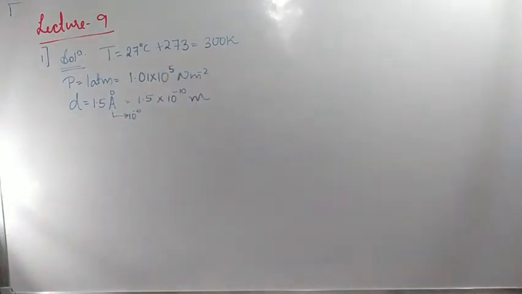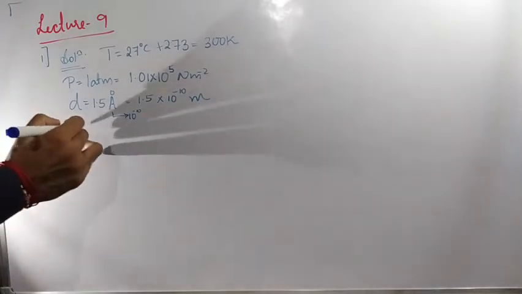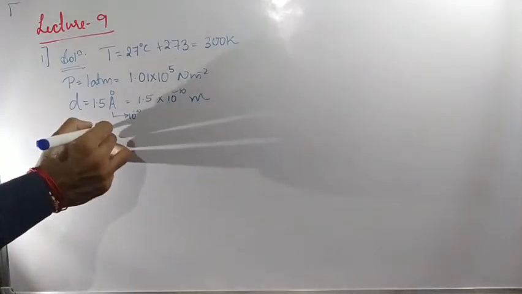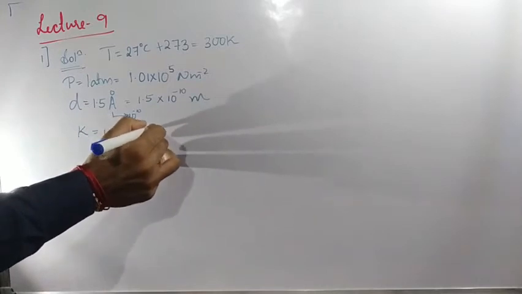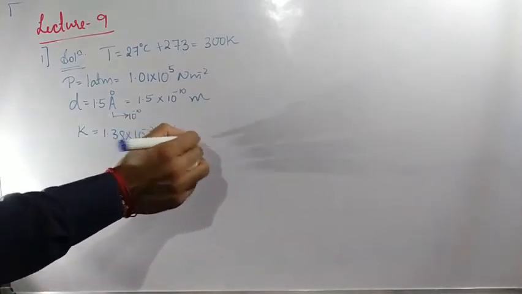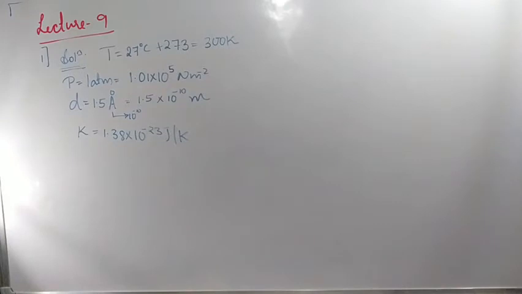Clear? So D value we have noted down. K value given to you is 1.38 into 10 to the power of minus 23 joule per Kelvin, or J K to the power minus 1. This is nothing but our given part.